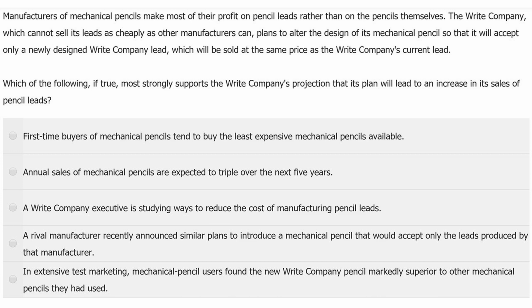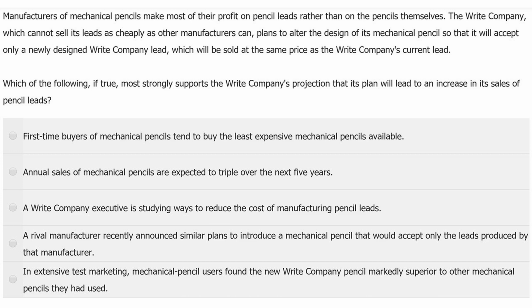That's not nearly enough to strengthen a general conclusion about sales. D is simply saying that another company will copy the plans of the Wright company. But again, we're trying to support the conclusion that the Wright company's plan will work, not that this other company's plan will work, which leaves us with E.